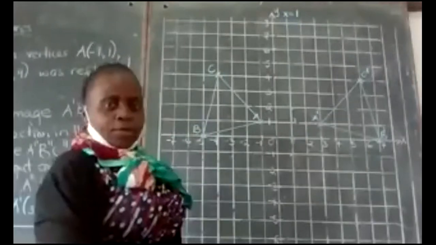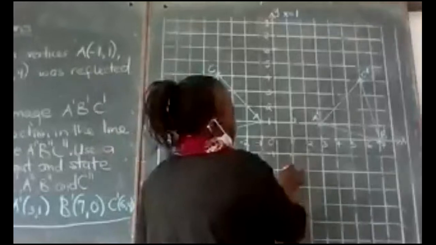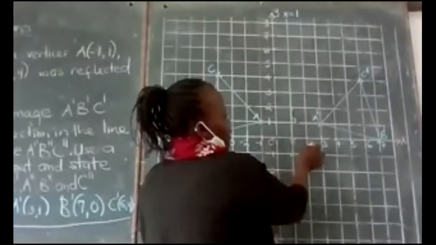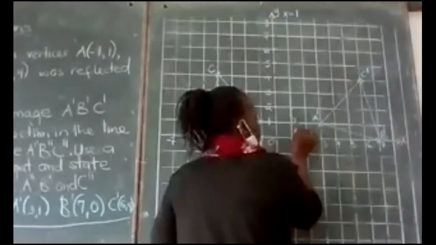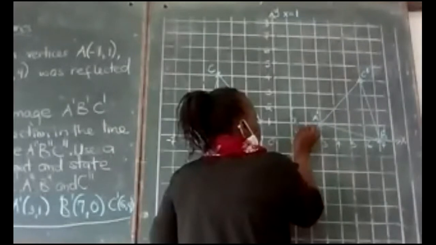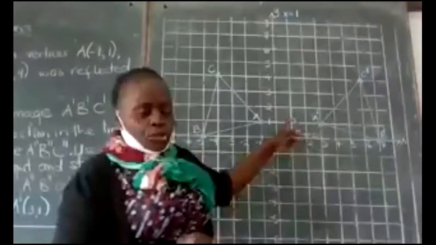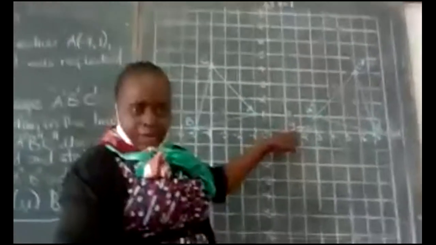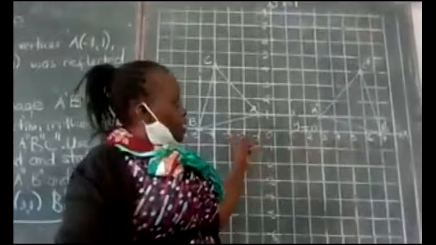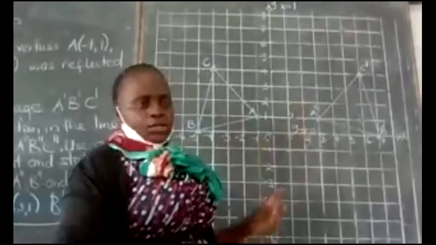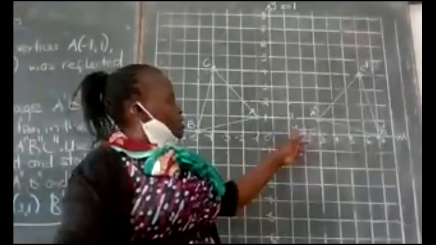Thank you. So another name for the x-axis, in this case, is the line y is equal to 0. So in order for you to score this mark, you must always write on this line. So y is equal to 0.